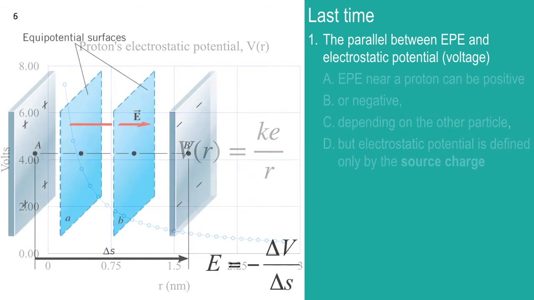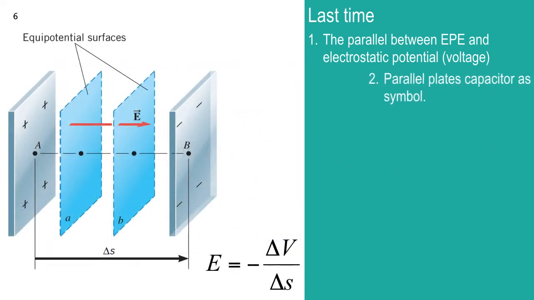Okay, let's keep going. The other thing that we did last time was the parallel plates capacitor as our symbol for chapter 19. This is a really nice picture, and it shows something called equipotential surfaces. And we actually had a diagram last time.